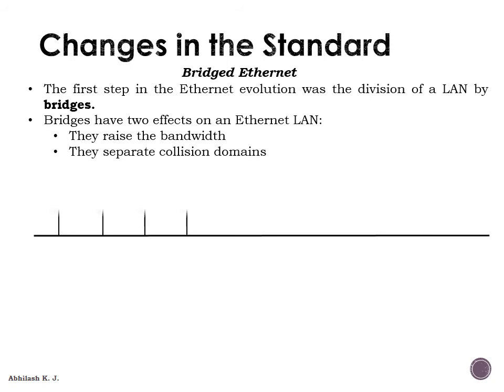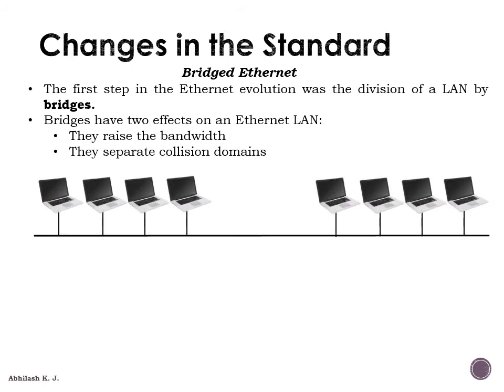In case no bridges are used, if we have 8 systems connected, in the case of an unbridged Ethernet network, the total capacity of 10 Mbps is shared by all the systems, that is 8 systems in this particular scenario. If only one of the stations has data to be sent, it can utilize the entire 10 Mbps full capacity.